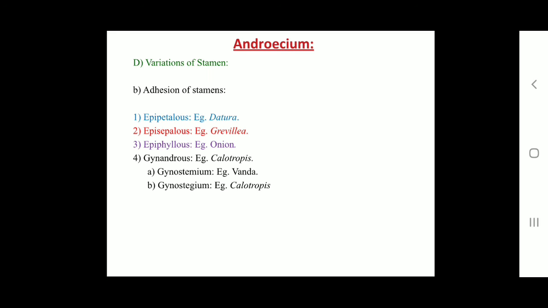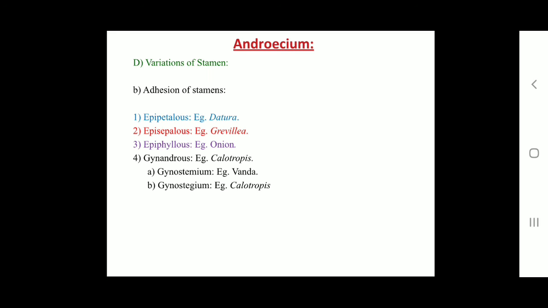Then epipetalous, that is stamens unite with petals by their filaments. Example, Datura, Ipomoea, potato, brinjal, etc. Then epiphyllous, stamens unite with perianth lobes, that is tepals, by their filaments. Example, tuberose, onion, etc. And the last one is gynandrous. Stamens unite with gynoecium. Example, Calotropis. The condition is known as gynandrous condition.